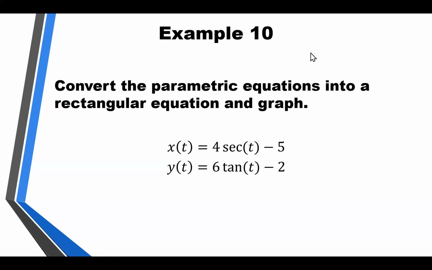Let's do another example. This time, instead of having cosine and sine, let's utilize secant and tangent. If you want to try this on your own, using the secant tangent Pythagorean identity, go ahead and do that. Otherwise, I will do that in a couple of seconds.